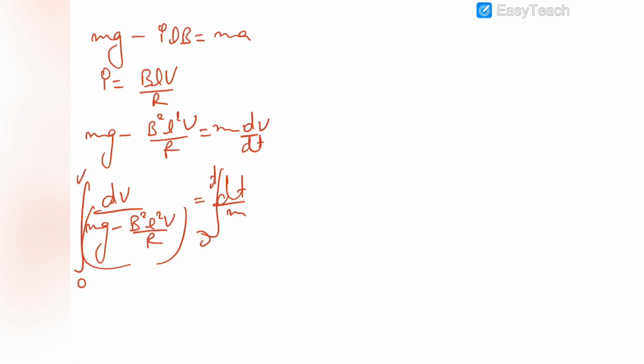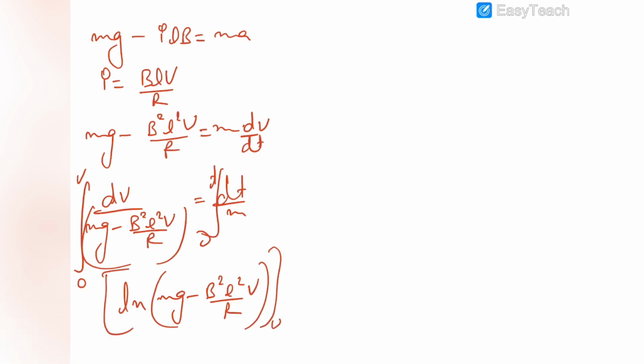Integration of this term would be ln of mg minus B square L square V by R, with limits from 0 to V, divided by minus B square L square by R, and that is equal to t by m.